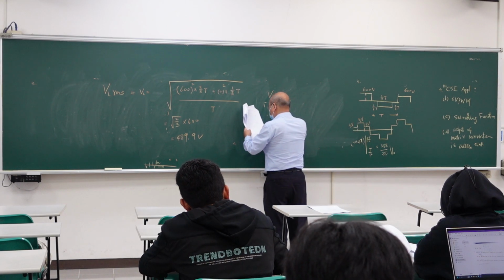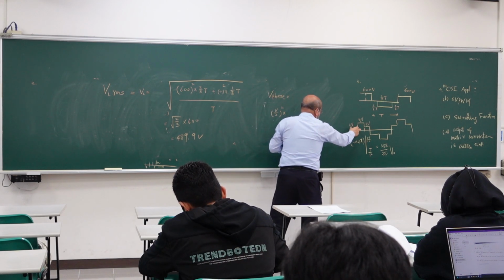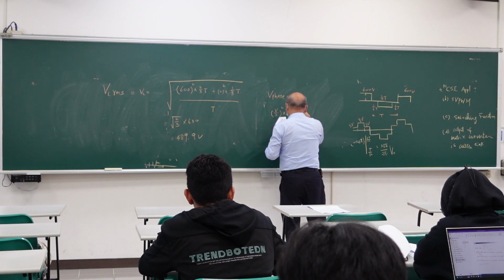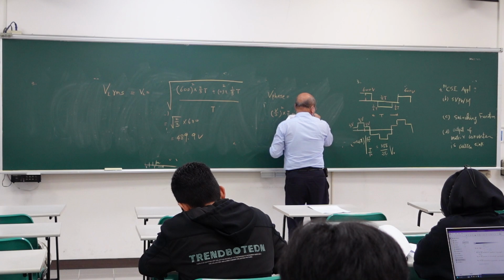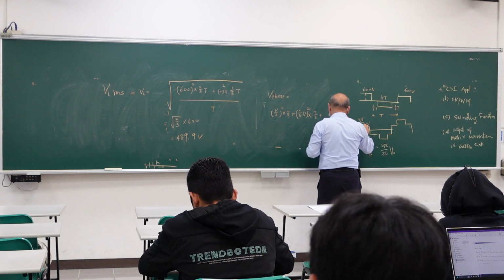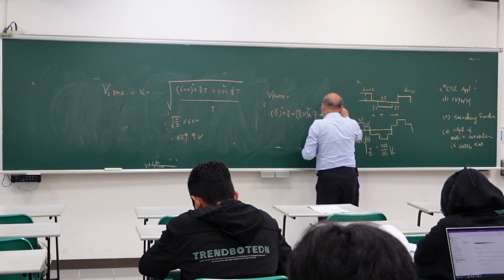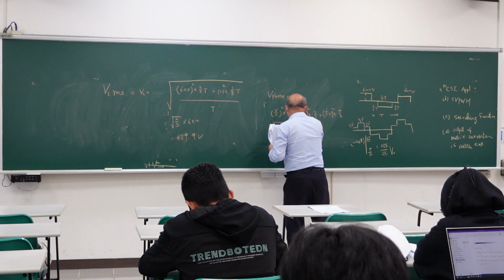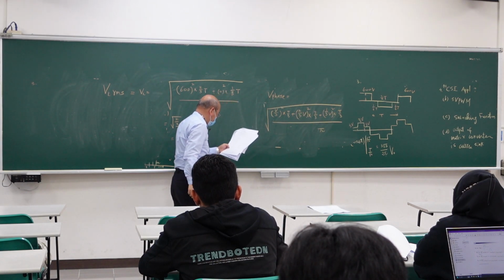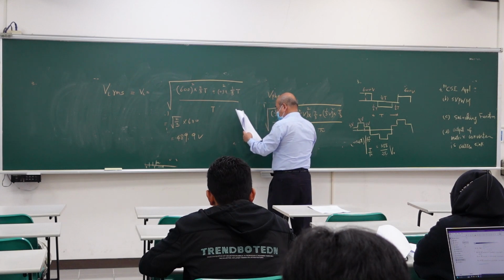So we can have, for the first one, 1/3 V squared multiplied by this time interval, plus this one multiplied by this time interval, plus this one multiplied by this time interval. And then we can divide it by the whole interval and take the square root. And we can find the result.